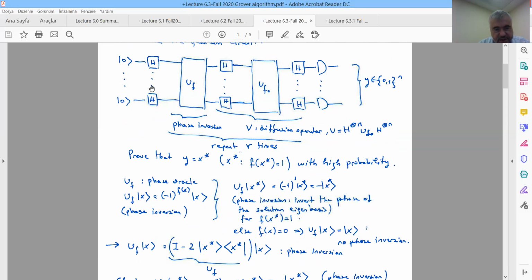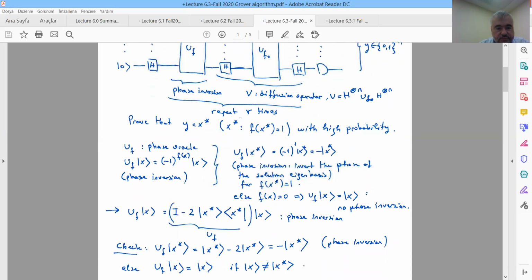At each stage of the circuit, we compute the quantum state. This is how we address these kinds of proof problems. We go over the stages of the circuit one by one, and in the end we show that the output corresponds to what we are looking for.